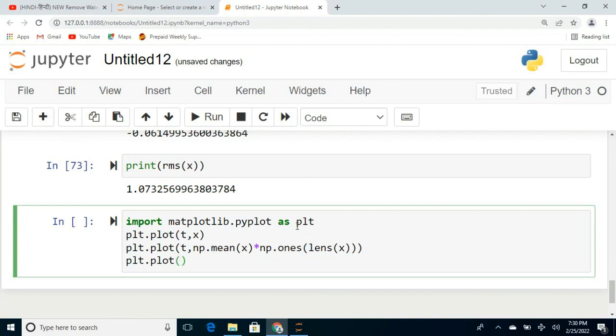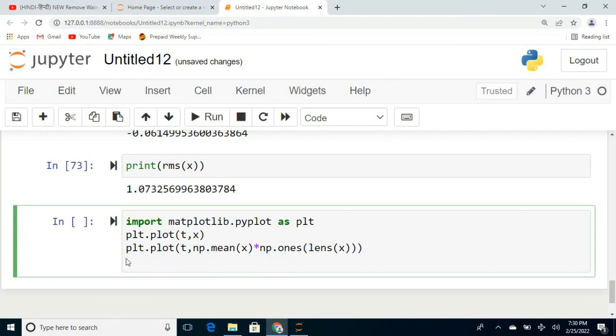Then we write plt.plot inside the parentheses t comma np.mean of x.